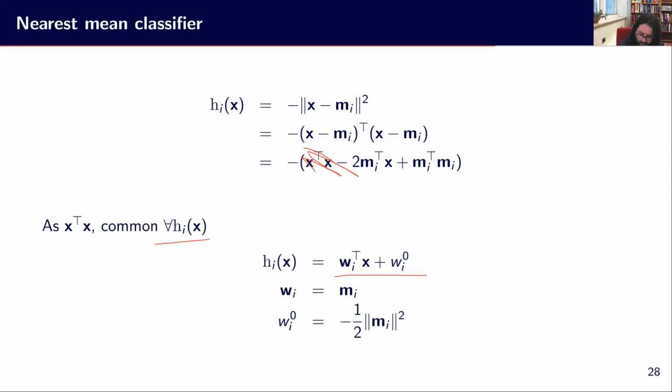So the part multiplying the x value is basically to state that wi is equal to mi. So we are using the mean vector here, and the constant is basically the norm of mi. What we call the norm is basically to sum the values squared, and so minus 1 over 2 the norm squared of mi, the L2 norm in fact.